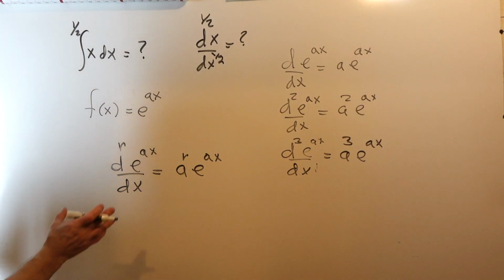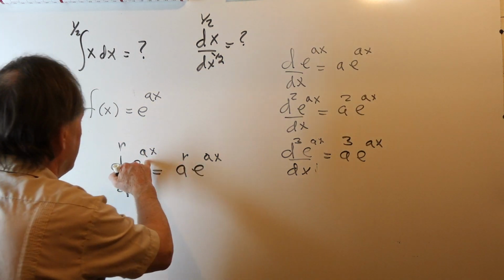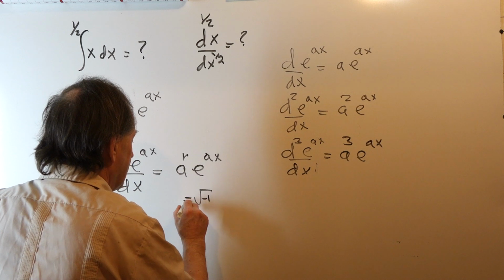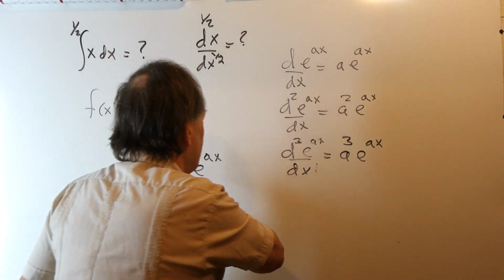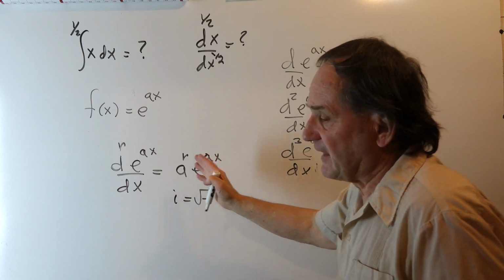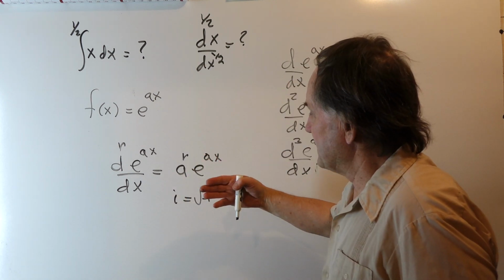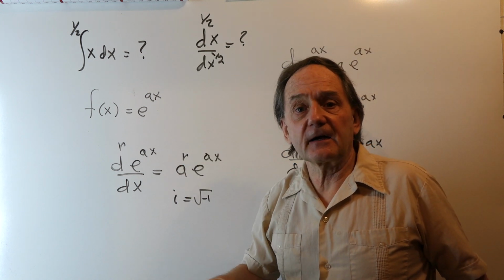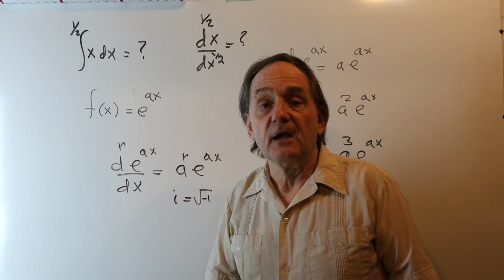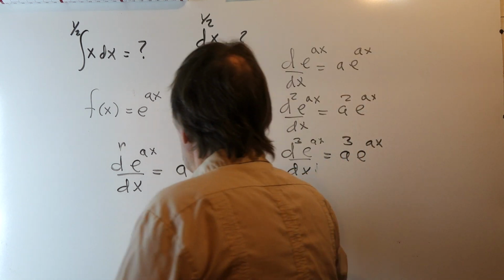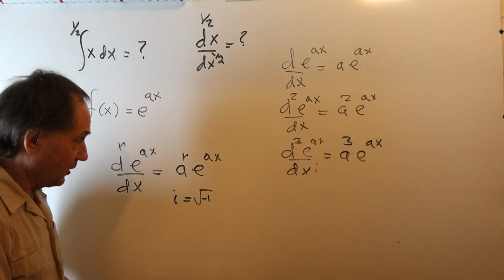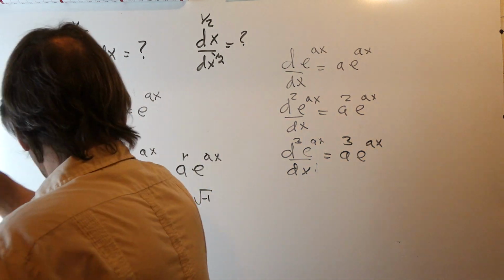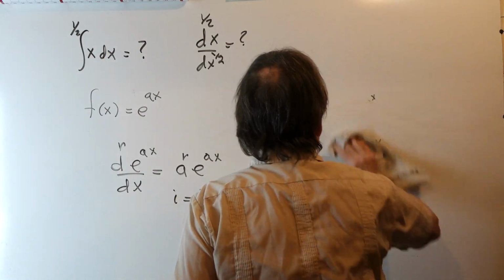And then if you apply this to complex exponentials, where the a, for example, is the imaginary unit i, which is the square root of -1, then you can take that form and combine e to the minus ix and e to the plus ix to get sines and cosines, and see what a sine and a cosine differentiated in this manner would look like by putting together complex exponentials. And if you do that, what you end up with is this.